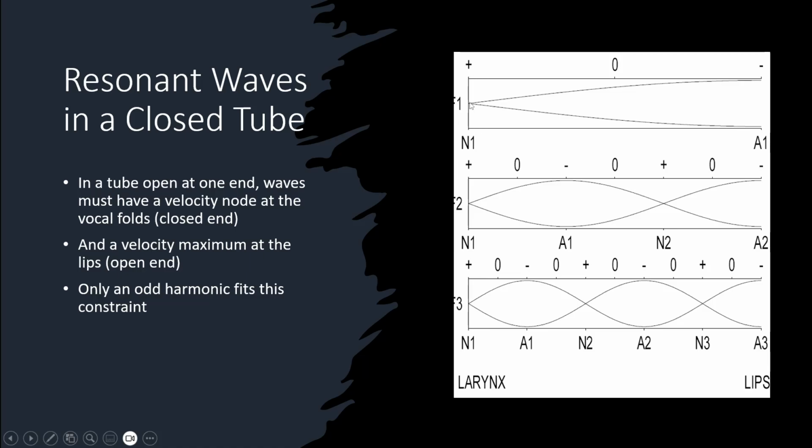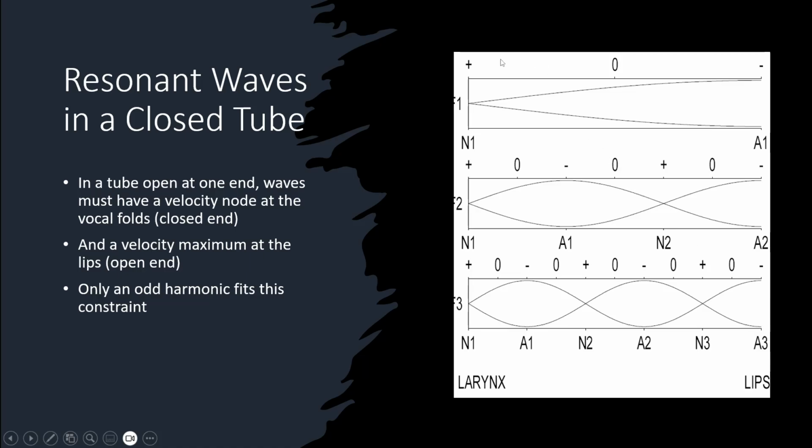There's always a node at that side. Now the opposite is true on the other side. Where the lips are, you're always going to have a velocity maximum. No matter what size the lips are, as long as they're open, you're going to have a velocity maximum. And you can see that here. Lips are over here. There's a max, there's a max, there's a max. So all these different shapes of resonant frequency still have a node here and a velocity max over here.